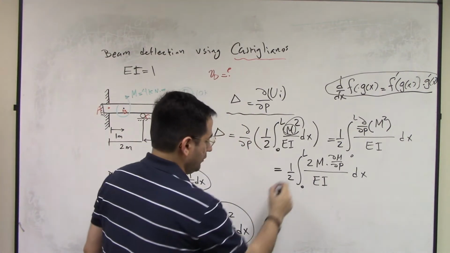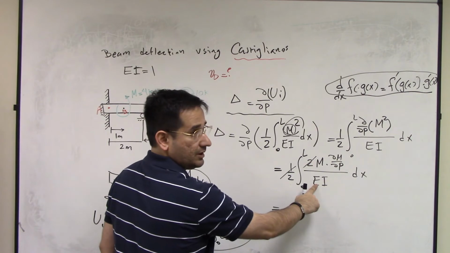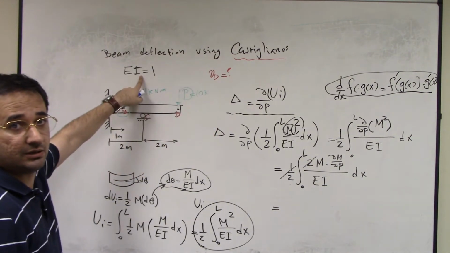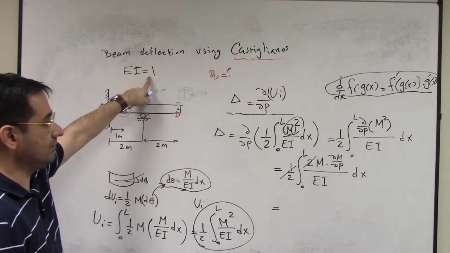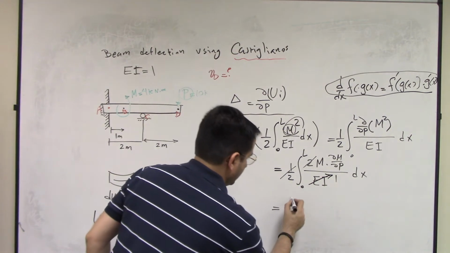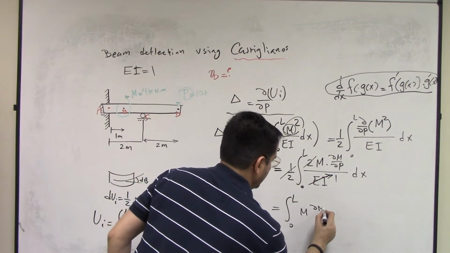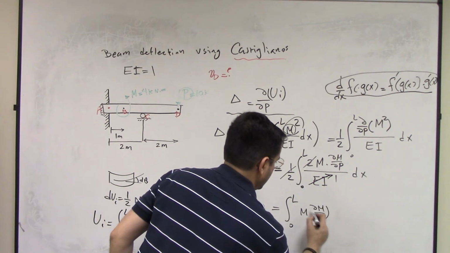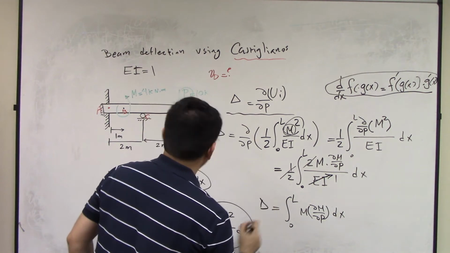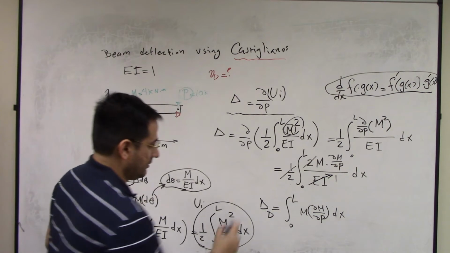Now these two cancel out with these two, and also this EI is 1. So you get integral 0 to L of M times partial M over partial P dx. That's going to be the deflection at point D, where force P is acting. So keep this formula.